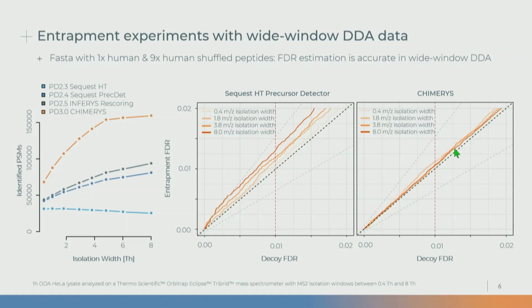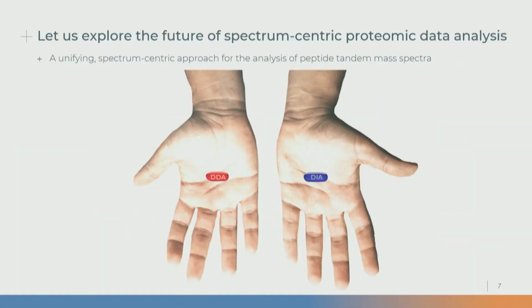However, for chimeras, that's actually not the case. So no matter the isolation window, whether it's 0.4 Thompson or 8 Thompson, our entrapment FDR looks very good. And just for those that are not used to looking at those plots, you want your curve to be as close to the diagonal as possible, meaning that you get as many hits into your entrapment space as you get in the decoy space.